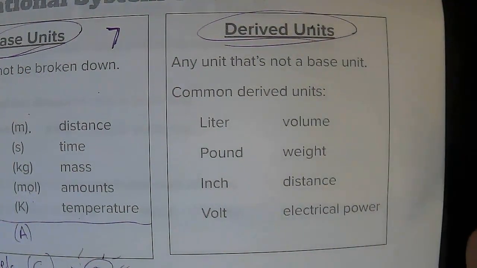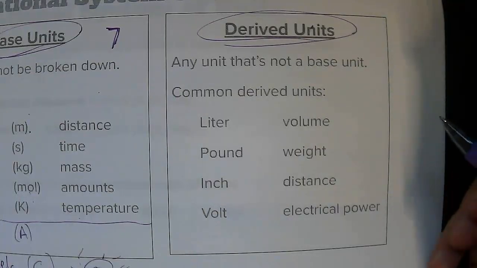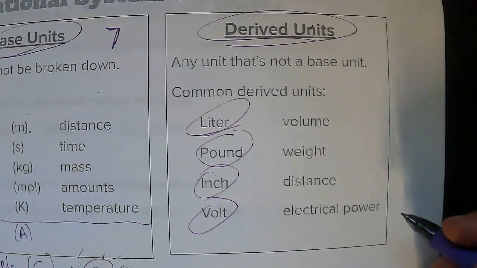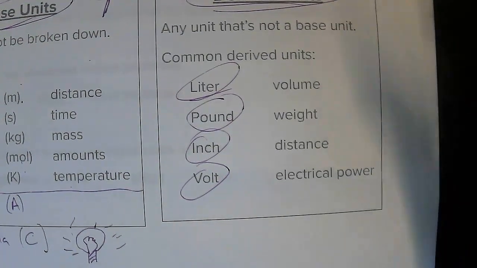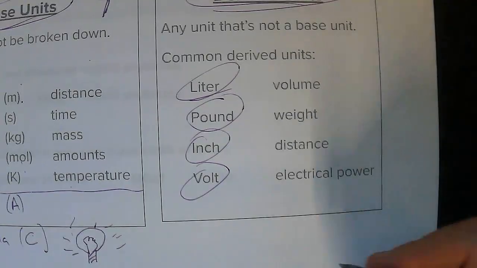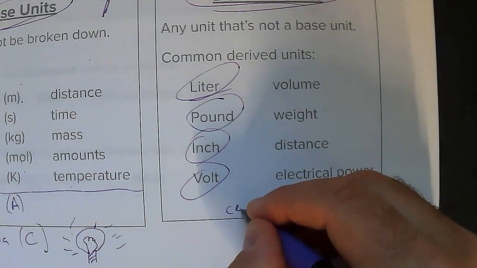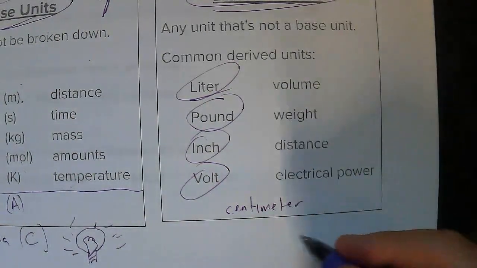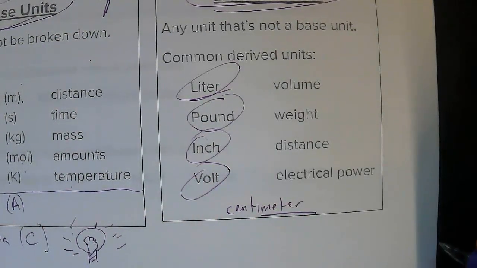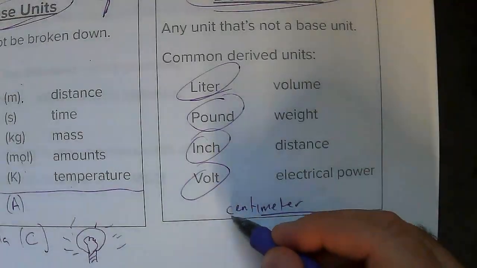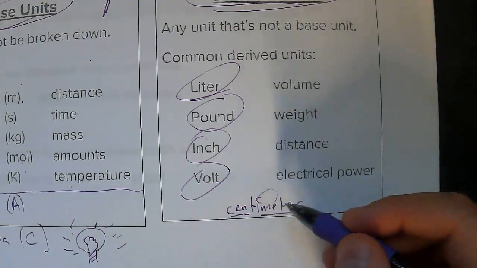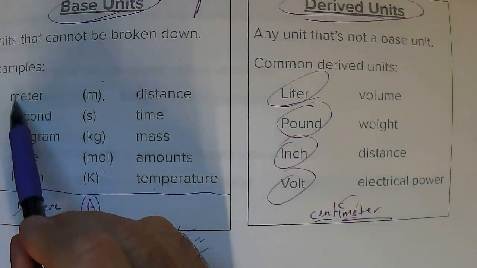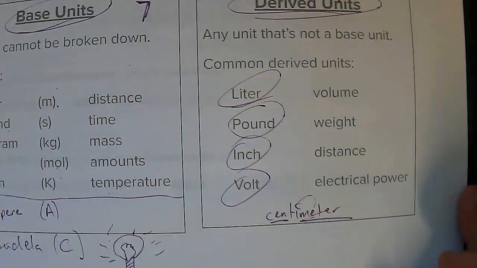Common derived units that we're used to seeing are liters, pounds, inches, volts, but also things like a centimeter. That is a derived unit, derived off of the meter. So you put a prefix in front of it, it's still a derived unit. Even though meter is on the list, centimeter is not.